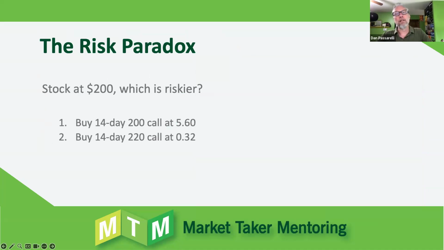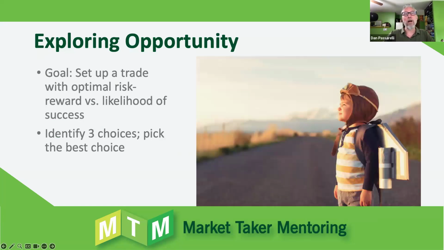Which has better risk reward? Well, I don't know. Maybe the 220 calls, right? If the stock goes up to 250, I'm only risking 32 cents and I can make $30, right? But its chance of success is a great deal smaller.